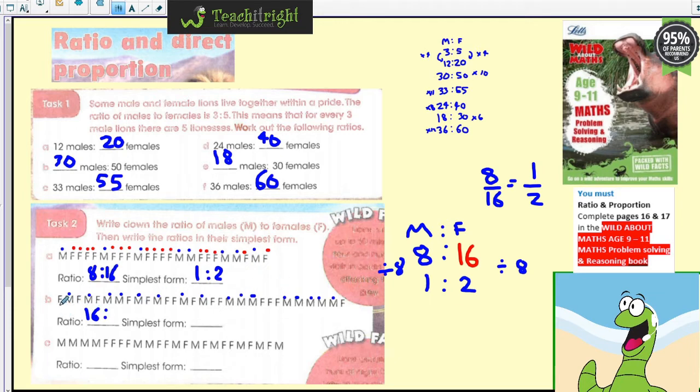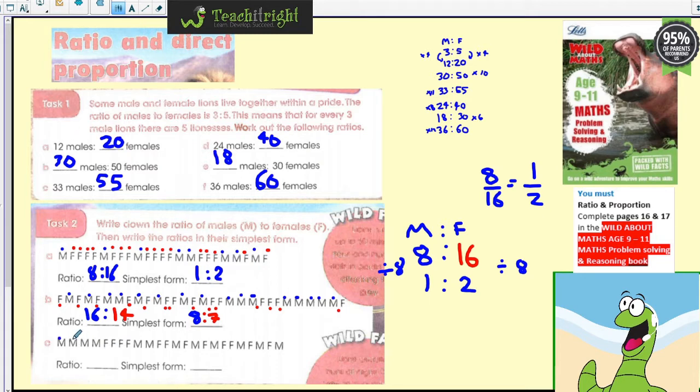So for females, I might go 1, 2, 3, up to 14. So that's the ratio of 16 to 14. I can divide both of these by 2 and end up with the ratio of 8 to 7, because of course, both those numbers can be halved. The factor there is 2.